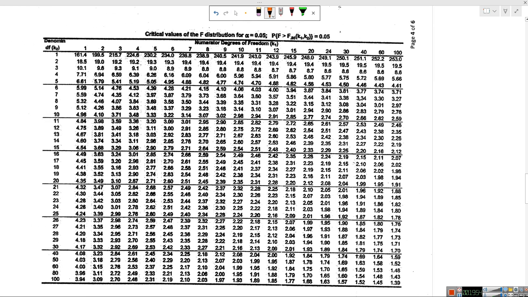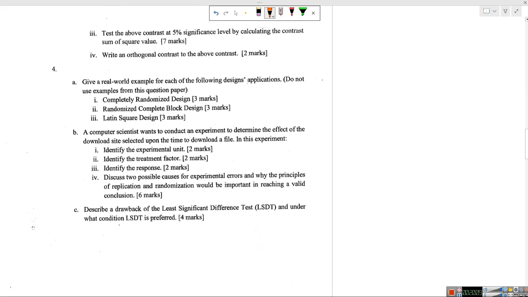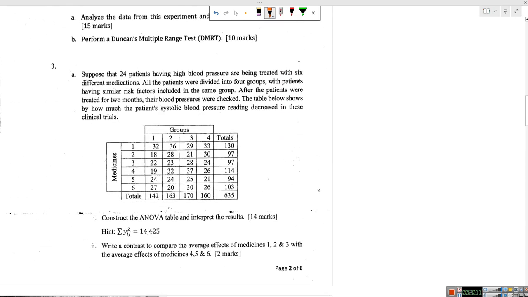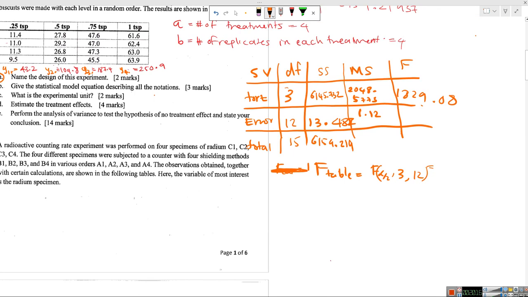Upper value 3 and lower value 12. So this is the value 3.49. Okay, 3.49. So definitely F calculated is greater than the F table value. So we reject H naught.